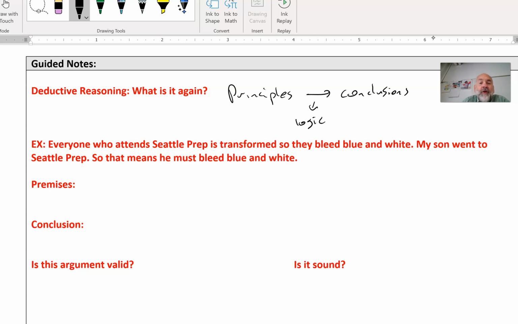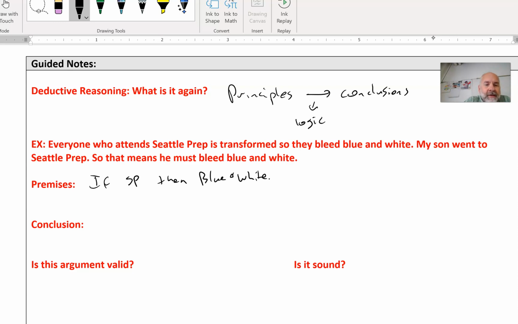Okay? So the premises are, I'll just write, if SP, meaning if you attended SP, then blue and white. I'm abbreviating it a little bit, but you see which part of it goes in which spot, so it's okay to abbreviate, like in homework and stuff like that.